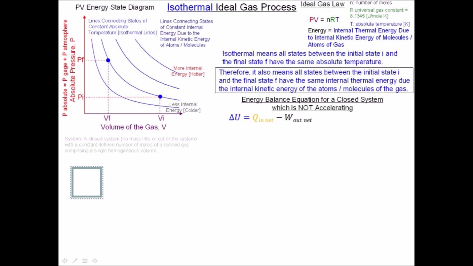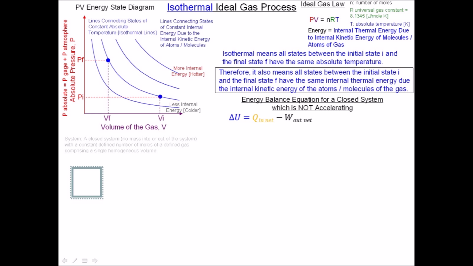An analogy would be, consider your checking account, where we'll use the units of dollars. Your system is your checking account, and the change in the balance in your checking account, which is similar to the change in the internal energy, is equal to the amount in your checking account at the final state minus the initial amount at the initial state.